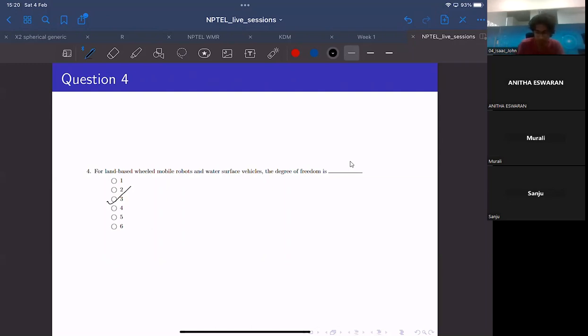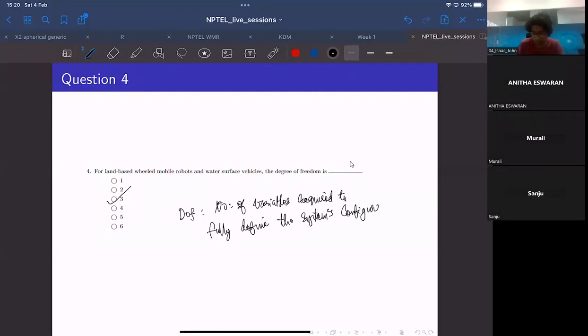The brief definition of degree of freedom, we'll write DoF in shorthand, is basically the number of variables required to fully define the system's configuration.